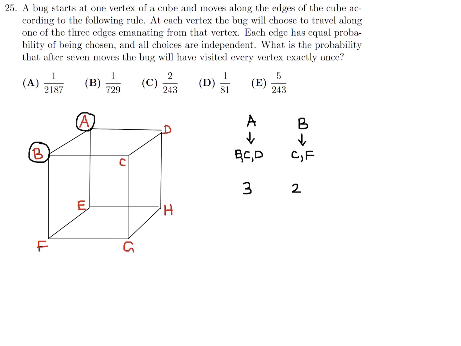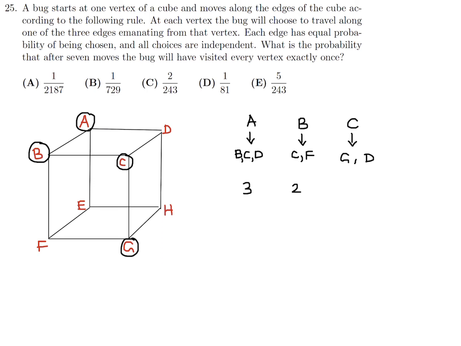So my number of choices is 2. And then let's say I go to C. From C, where can I go? Well, at this point, the choices narrow down pretty quickly. I can only go to G here, or I can go to D right there.